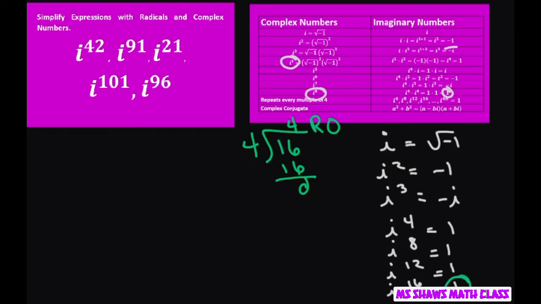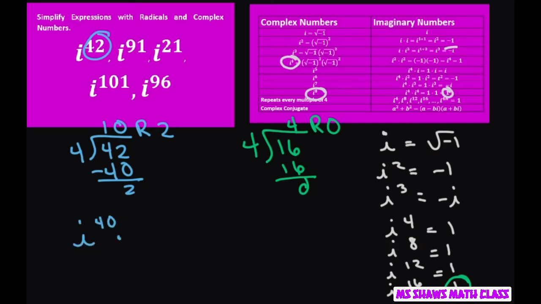So in this case, we're going to take our 42 and divide that by 4. So 4 goes into 40 10 times, and you have a remainder of 2. So the way we can write this is i to the 40th times i squared.